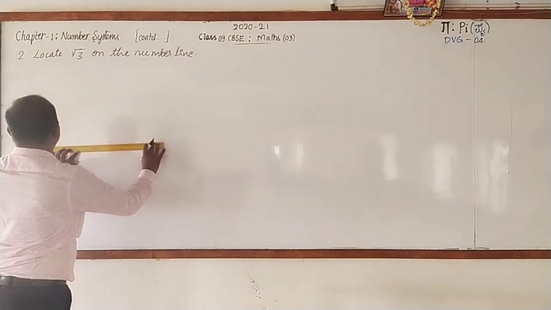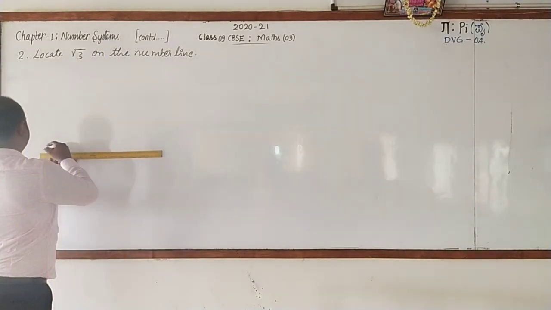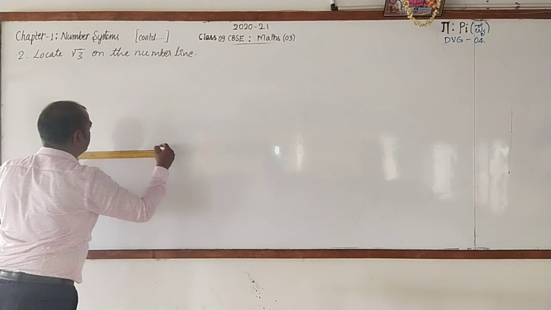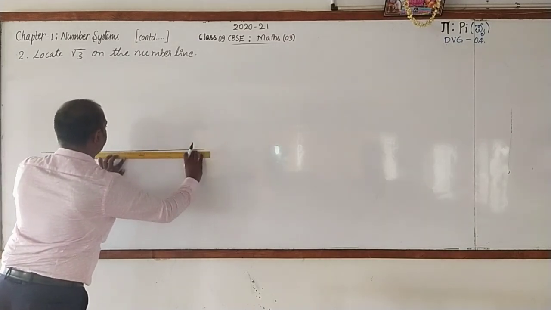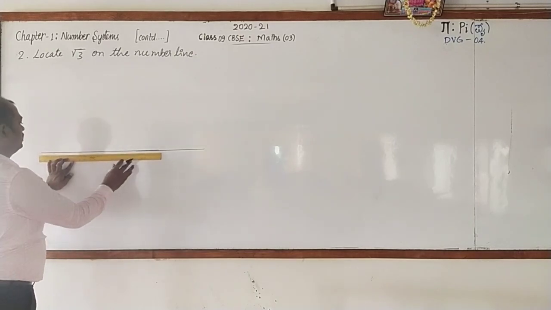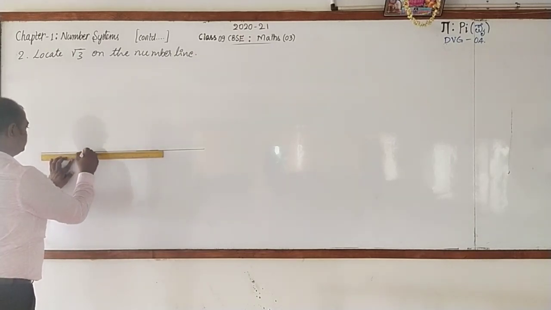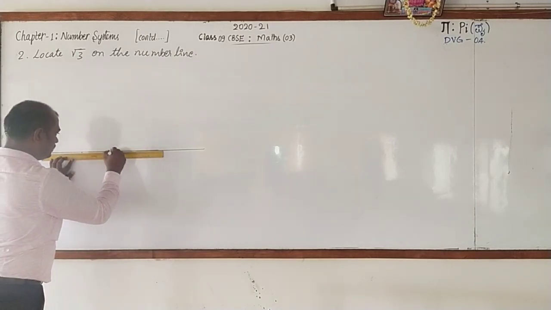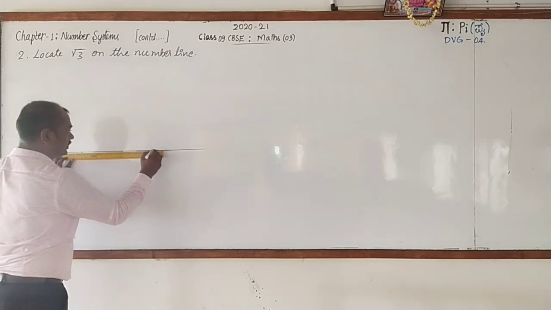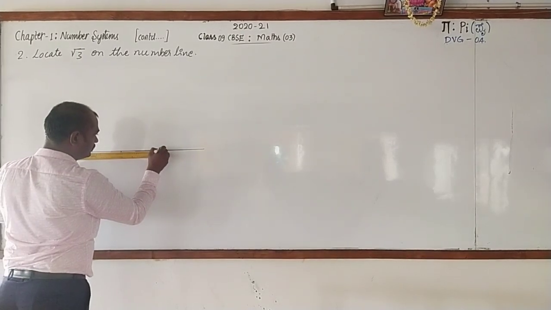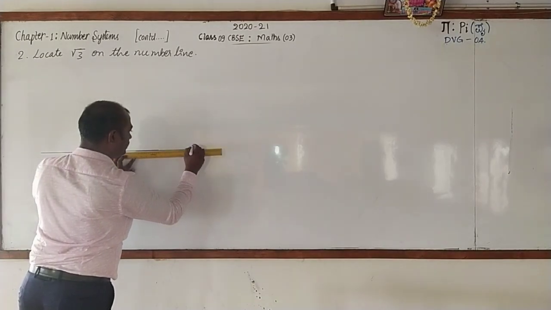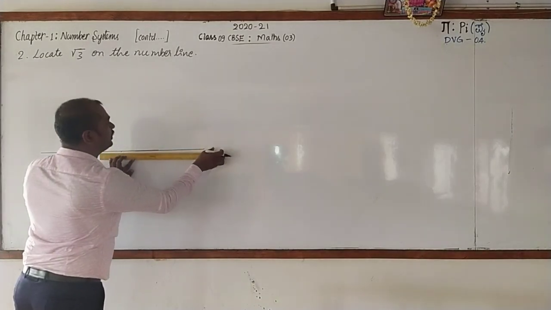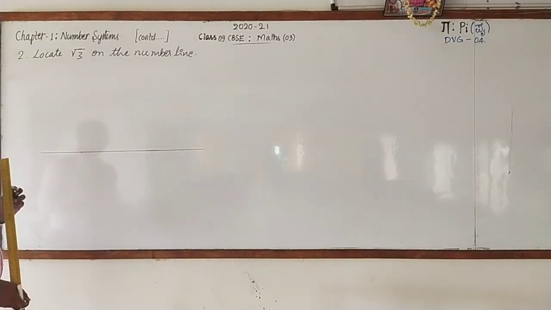Now I'll draw a line. You have to draw a straight line. Then go on marking unit distances. Here I am taking every 2 centimeters as 1 unit. In your scale, you can also take every 2 centimeters as 1 unit.